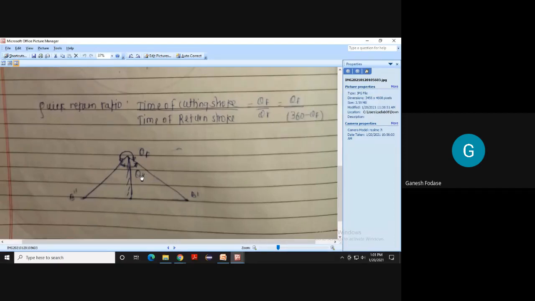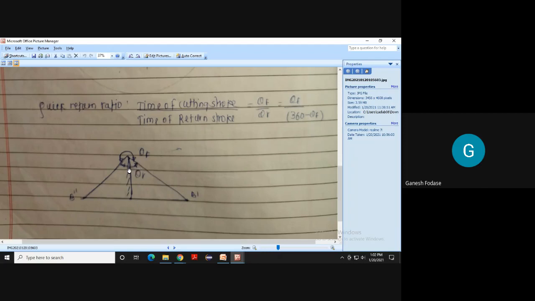Can anyone tell me how to find out this using S and the crank length? Means if it is given, can you determine the quick return ratio? Sin theta equal to S upon length of crank. Sin theta. That relation is sine or cos. Let's say theta r is the complete angle, but instead of that, let's say I'm talking about the half angle, half of theta r.